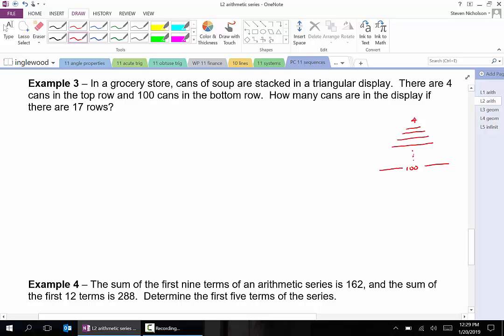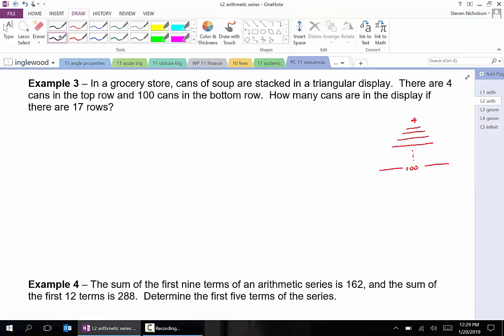So that's kind of the picture. Starts 4 at the very top and it goes down to 100. And again, it's implied here that it is arithmetic. And what we want to do is know if there's 17 rows, how many cans are in this display altogether.